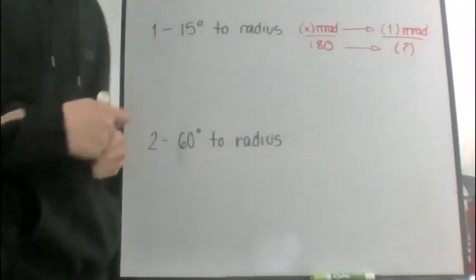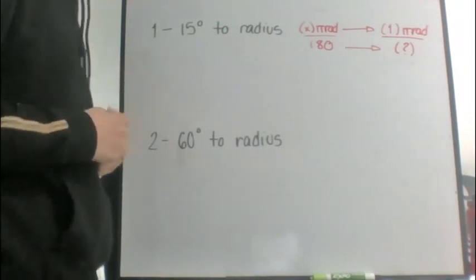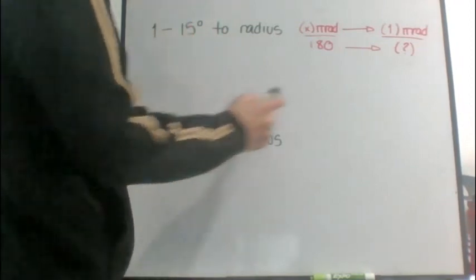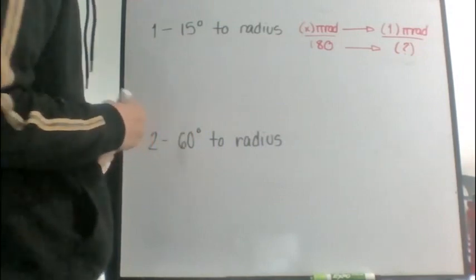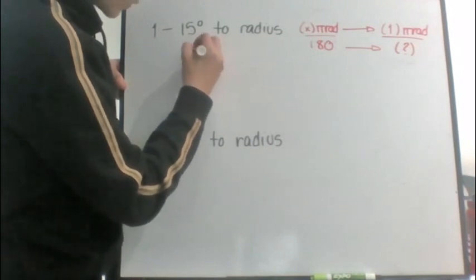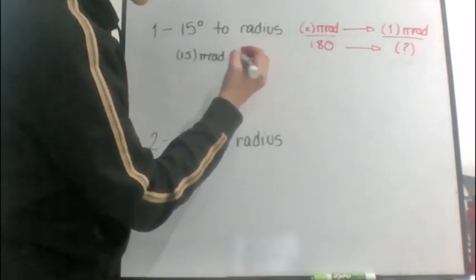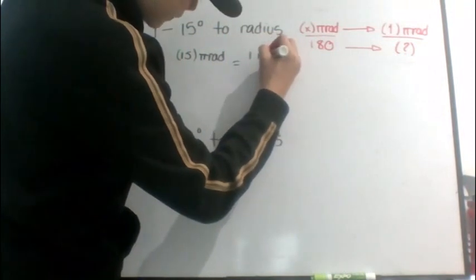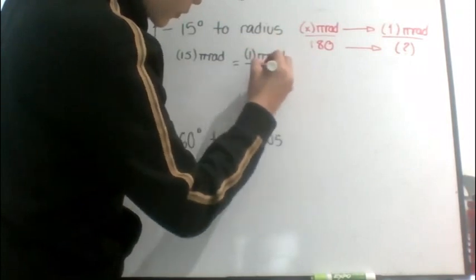Okay, well, now that we know what is a radian, we can do an exercise. First of all, to find the radian from the degrees, we have to use the formula, which is very simple. We only have to use the rule of three, in which case the x in here will be the degree. It will be 15 times pi rad over 180, equal to 1 rad over something we don't know yet.